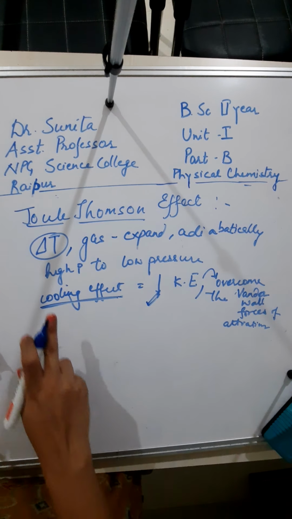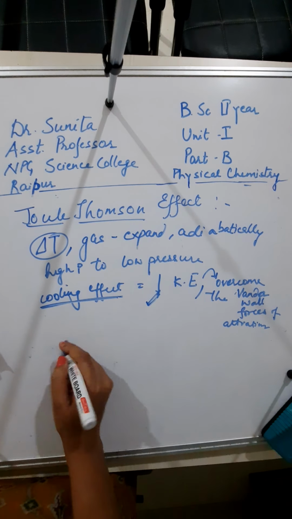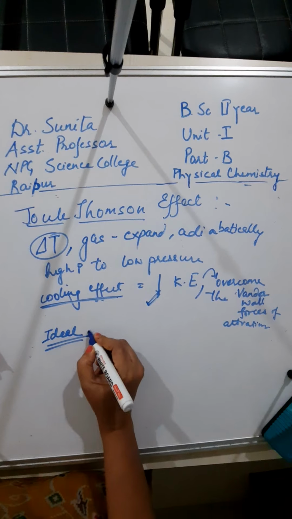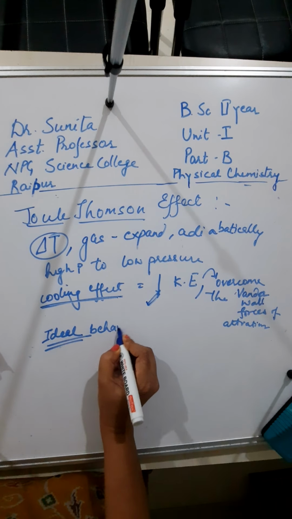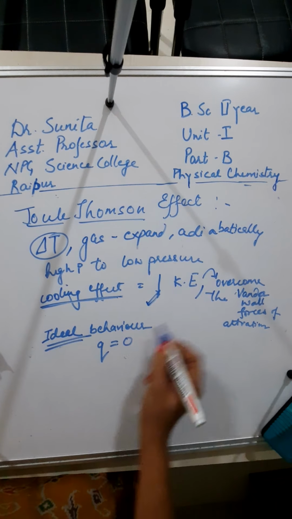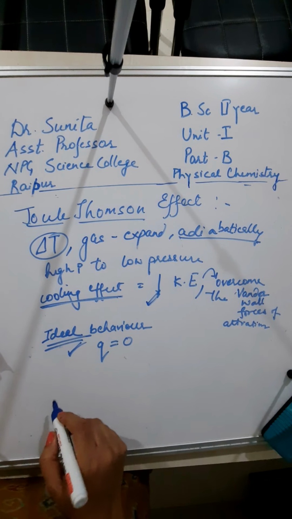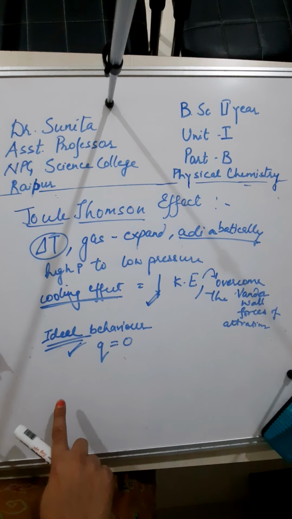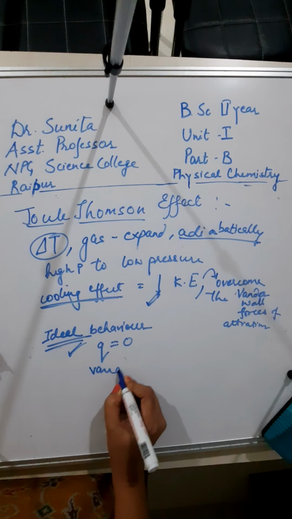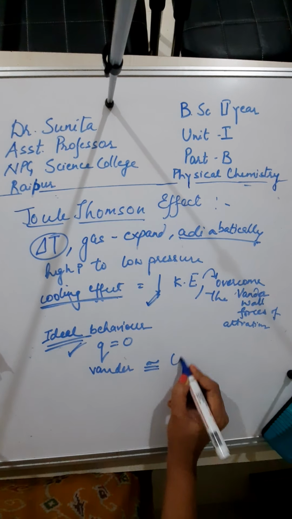And this Joule-Thomson effect is very small when a gas approaches ideal behavior. The reason is that we have the condition Q equals 0, the adiabatic condition, and in ideal gases the van der Waals forces are negligible, nearly 0.